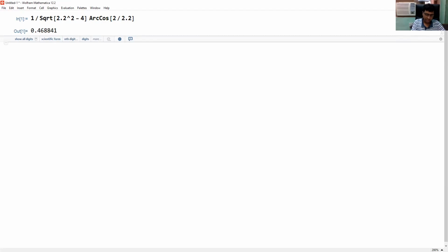So our result is, if 0 less than or equal to tau less than 0.46884, then the system is asymptotically stable, and unstable for tau greater than tau star, that is 0.46884.